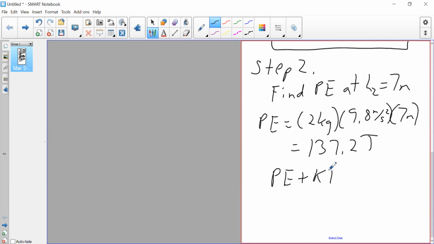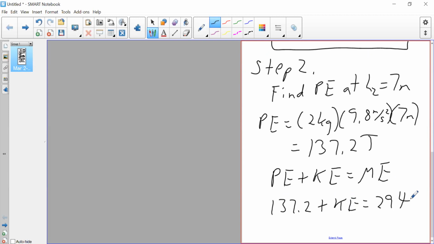Okay, so now PE plus KE equals ME. You know that ME is 294. So we have 137.2. See how easy that is? You can find the kinetic energy in the air. It's going to be a fraction of the total, and relative to the potential energy, it's going to be a fraction of the whole thing.